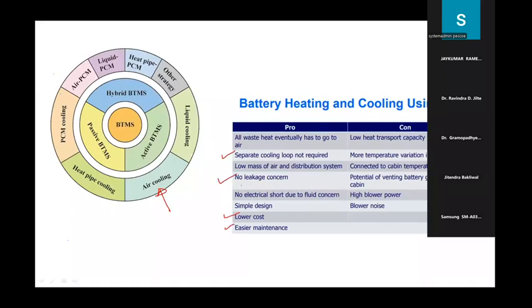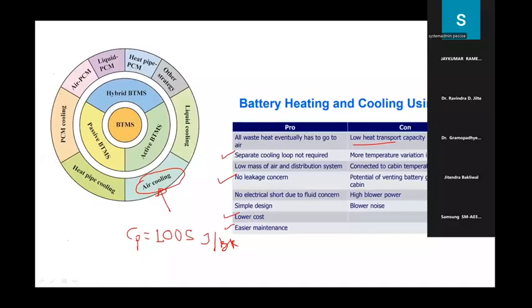But if you look at the cons, if you use air as a working fluid to pick up the heat from the battery thermal management system, then the Cp of the air, that is the specific heat, is very less, let us say 1005 joule per kg Kelvin.